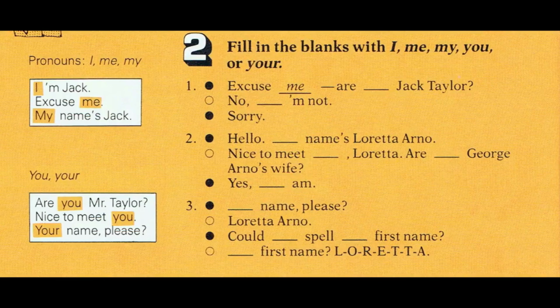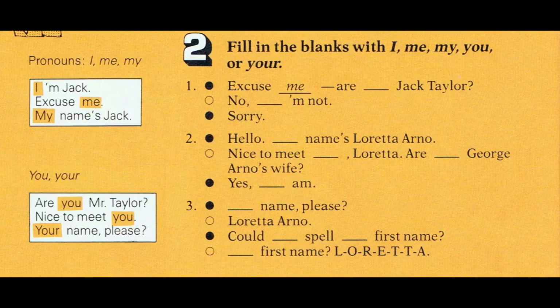And you, in fact, can be object pronoun, can be subject pronoun, depending on the case. And your is a possessive adjective. It shows that we possess something, we own something, like your pen, your book, your house. And it is used with nouns all the time.